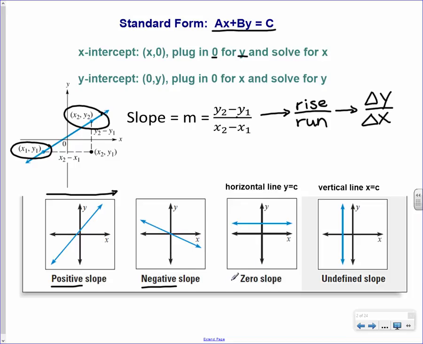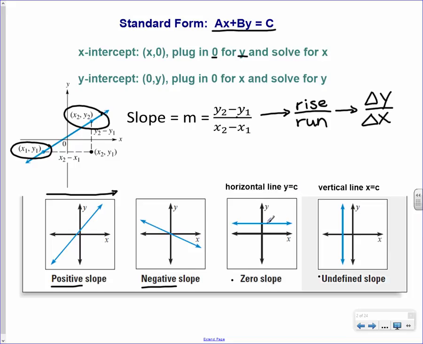Then there's two other special cases where it's not negative or positive. One is if we just have a flat line, which would be a horizontal line, then we say the slope is 0, because at that point it's not rising at all, right? It's just totally flat. So we have a slope of 0, and the equation of that line would look like y equal to some number.